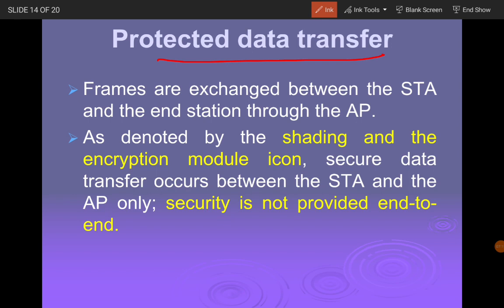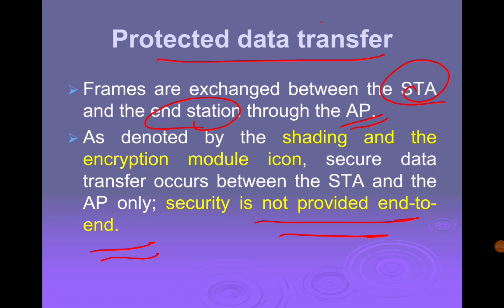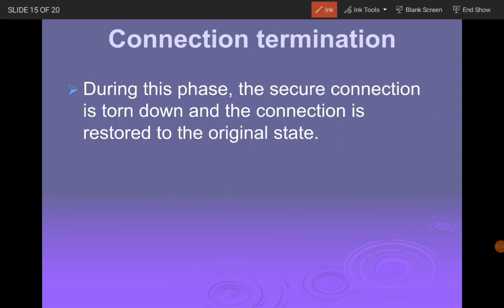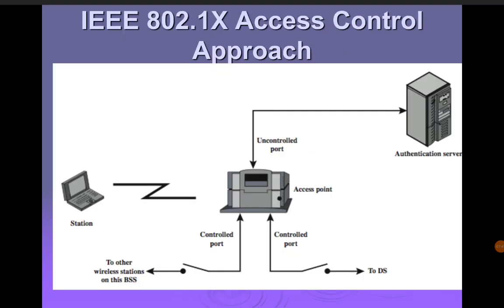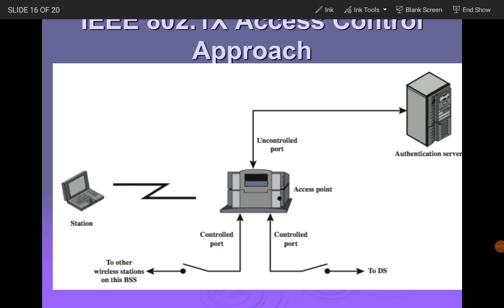Here the frames are exchanged between the station and the end station, but via the access point. As I told already, the encryption is not provided end-to-end. And the final phase is connection termination. During this phase, the connection is closed and restored to the original state. With this, we are concluding the phases of IEEE 802.11i.